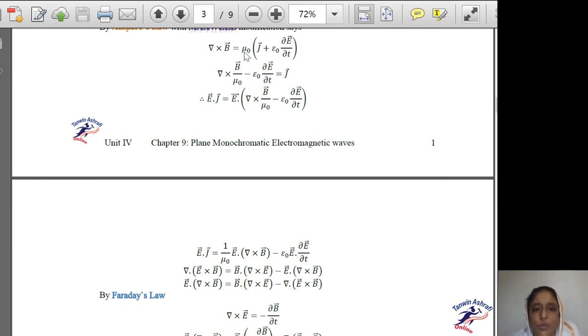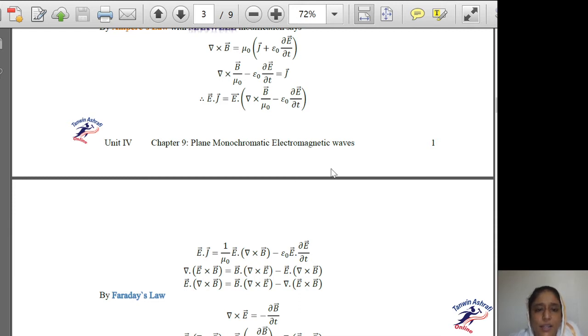If we divide by mu naught and move the second term to the left, we have del cross B by mu naught minus epsilon naught del E by del t is equal to J. So we get the value of J, and therefore E dot J is equal to E dot del cross B by mu naught minus epsilon naught del E by del t.